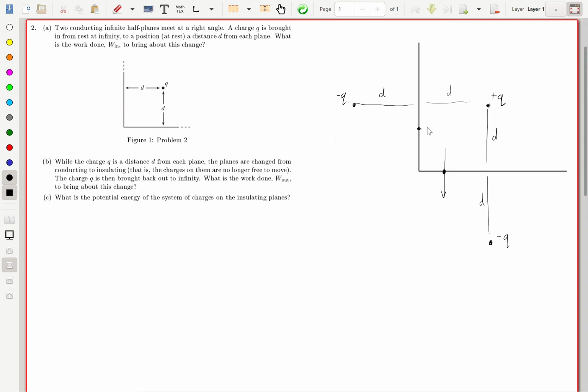To solve this problem, what we can do is reflect the two charges across this imaginary conductor border. The reason this works is if we have a plus q here, then these two effects perfectly cancel out. The electric field that this point experiences from the rightmost two charges will be pointing down, and the electric field from the left two charges would be pointing up.